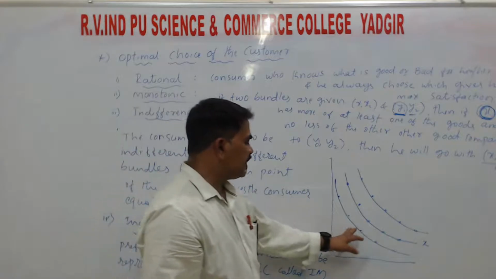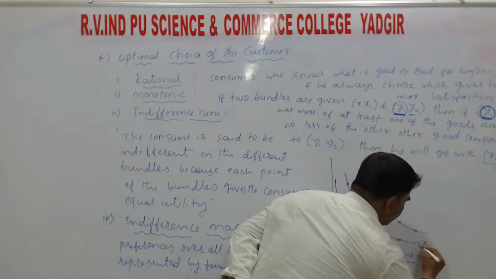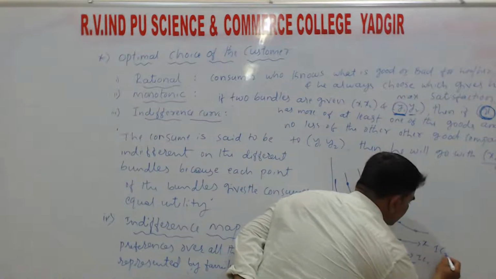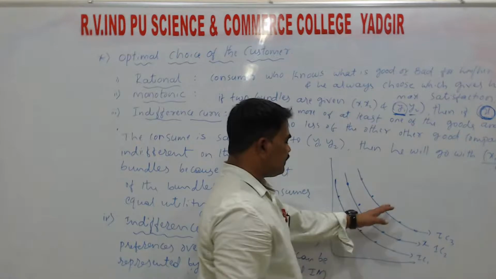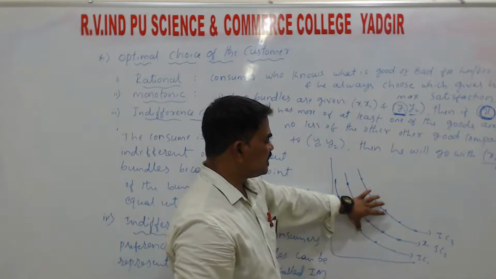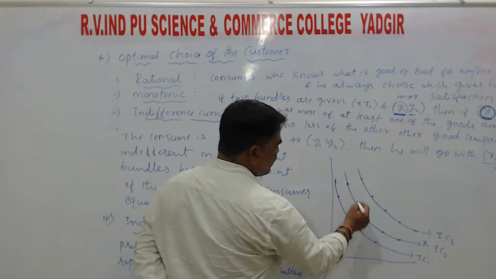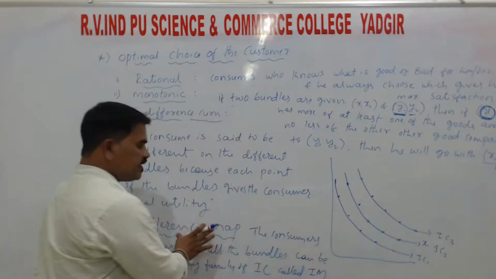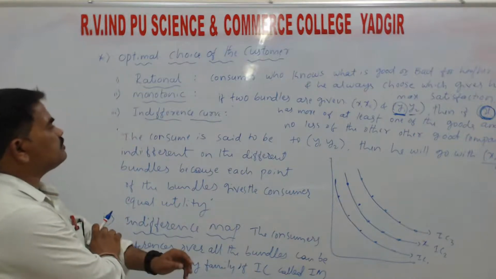The family of indifference curves, we have many bundles. If we join these, we'll get different indifference curves. This is IC1, IC2, and IC3, the family of indifference curves. What is the consumer's preference over these indifference curves? If we represent the whole family of indifference curves, we call it an indifference map. Right? Now, the last point is the budget line.